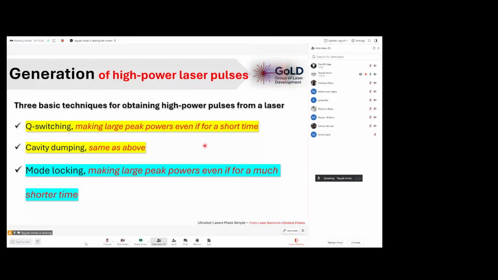So first we study the Q switching, a little bit about the cavity dumping maybe, and then mode locking will come all the way in the ultrafast laser part. The mode locking term comes from the longitudinal modes. Mode locking locks the longitudinal modes, so we can have a broader spectrum. The broader the spectrum, the shorter the pulse. Anyway, this may not be understandable for you yet.